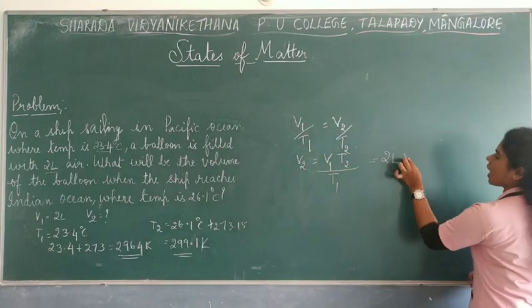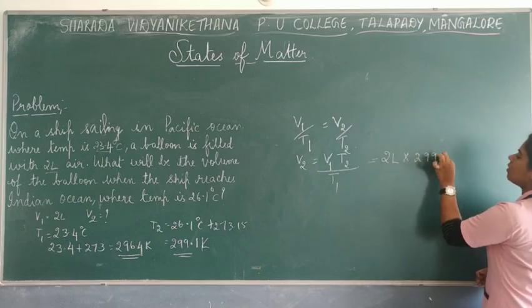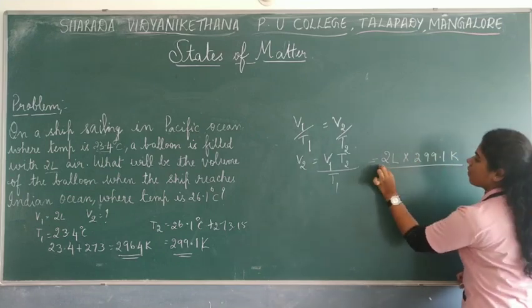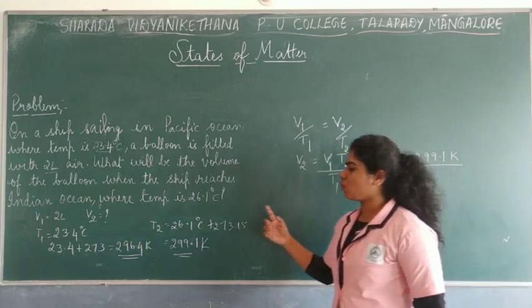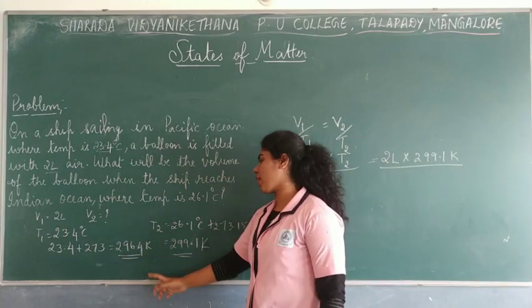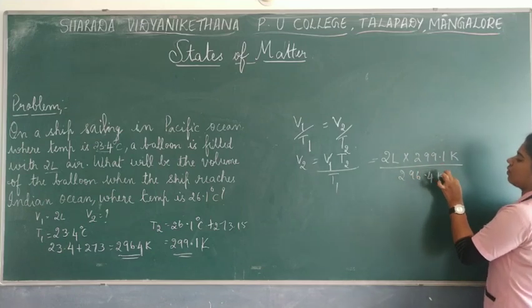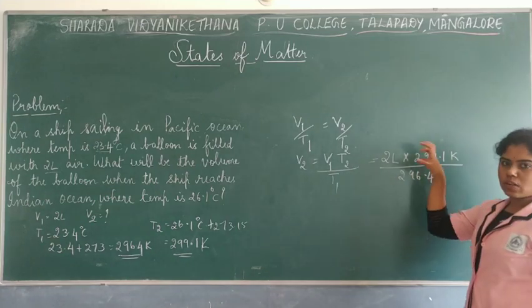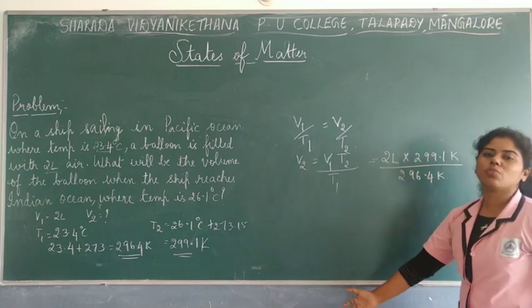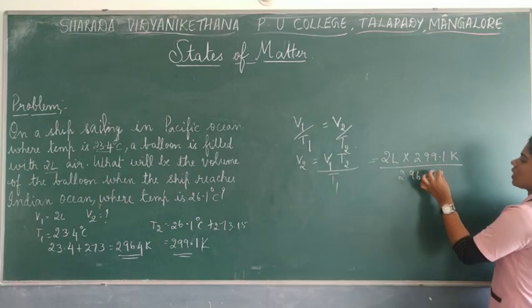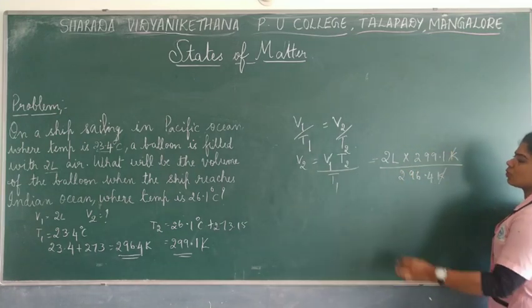We have to take it in the Kelvin scale, remember. So 299.1 Kelvin divided by T1. What's the value of T1? 296.4 Kelvin. When you simplify this, you get the volume of the balloon, that is V2. Here Kelvin gets cancelled. You have liters.